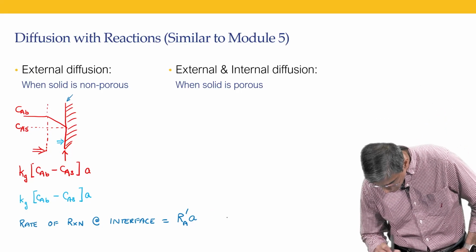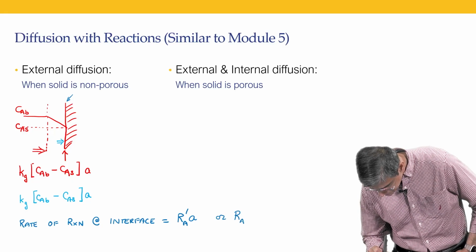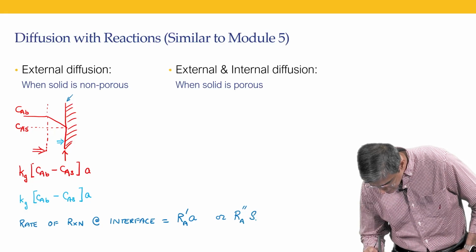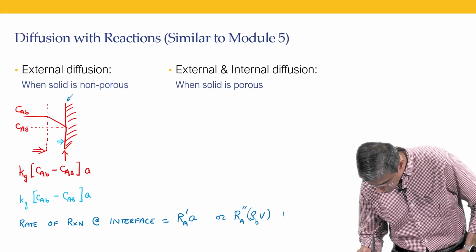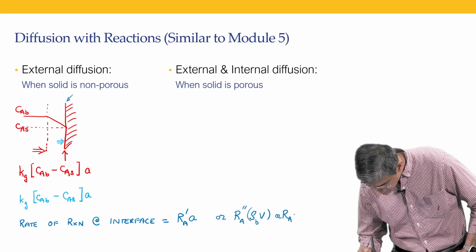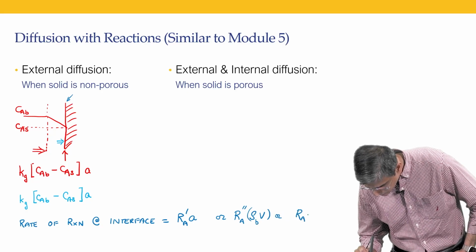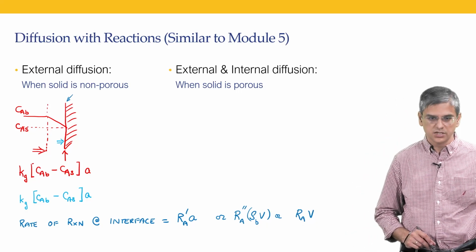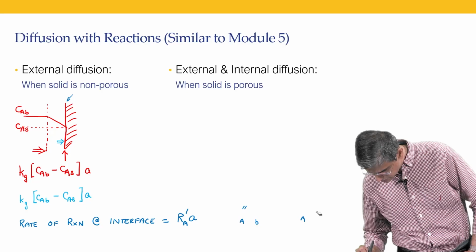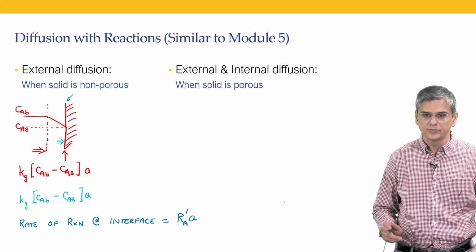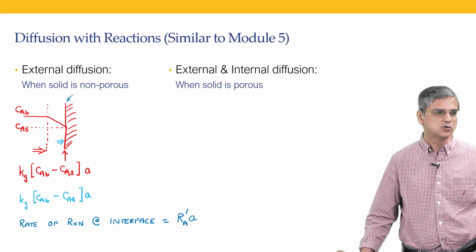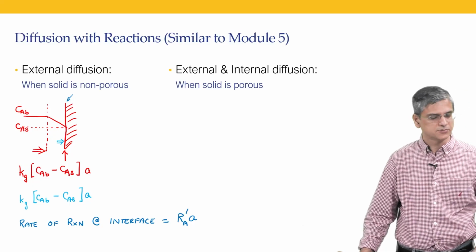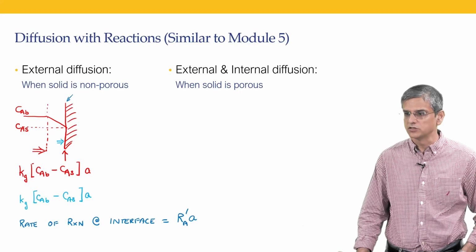Or it will be RA double dash multiplied by density multiplied by volume, or RA multiplied by volume. Okay, all of these are equivalent. Let's not consider these, we'll just consider this case. But they are all equivalent, and we equated the two. You did that as a part of your tutorial as well as a part of the assignment, and we were able to solve the problem.